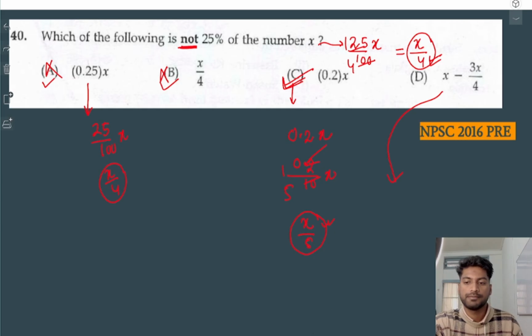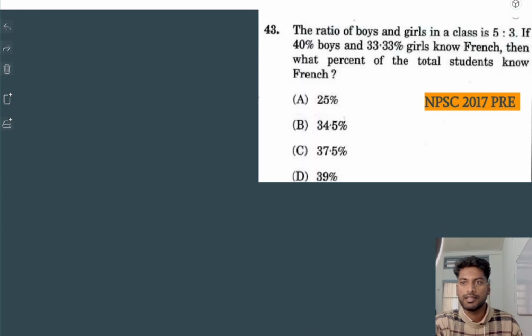Chalo. Okay, it's interesting. 2017 pre Npsc. The question says the ratio of boys and girls in a class is 5:3. Good, very good. If 40% boys and 33.33% girls, it's in fraction, you can say 1 by 3.